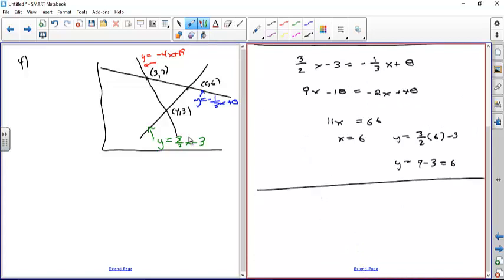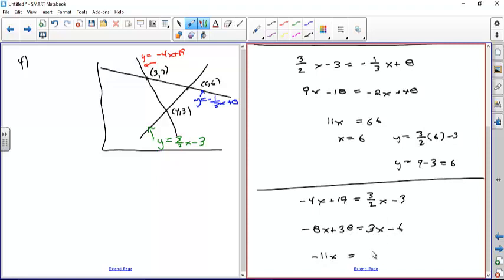And then the third one is you're going to set the red and the green equal to each other. So you get negative 4x plus 19 is equal to 3/2 x minus 3. Okay, multiply everything by 2 to get rid of any fractions. And then let's move this to the side. It becomes negative 11x.